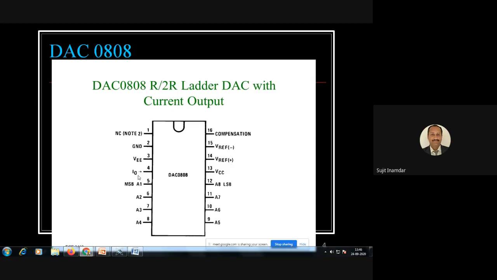But for normal use, this terminal may not be used. Pin number 1 is no connection. In the same way, pin number 16 is also no connection. So this is the pinout diagram we saw yesterday.